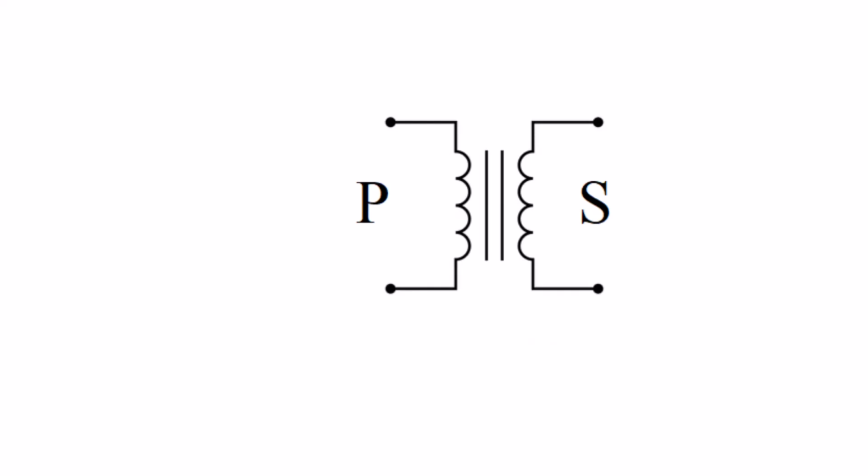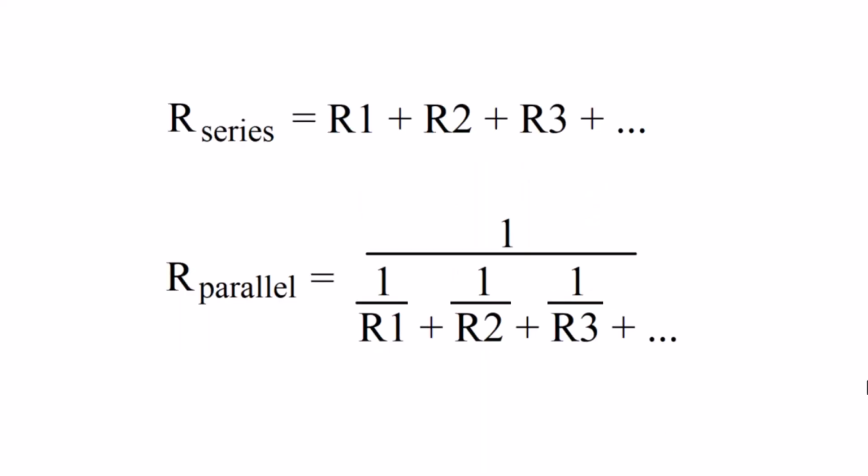So first we find the impedance ratio, that's 600 ohms divided by 50 ohms, so that's 12, and then take the square root of that to find the turns ratio. Square root of 12 is 3.5. That's the answer.